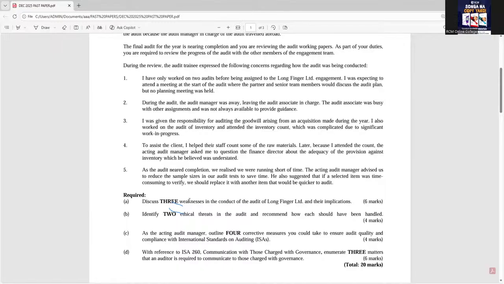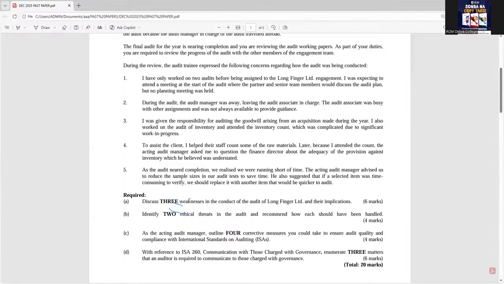Then ensure you deploy supervision and guidance of the audit staff on this engagement at each point in time. All relevant reviews should be done before you come up with a conclusion and the audit report. Then ensure the professional code of ethics is observed by avoiding any breach, the key one among them being independence and objectivity. And of course, all the others should be observed, like competence, integrity, professionalism.